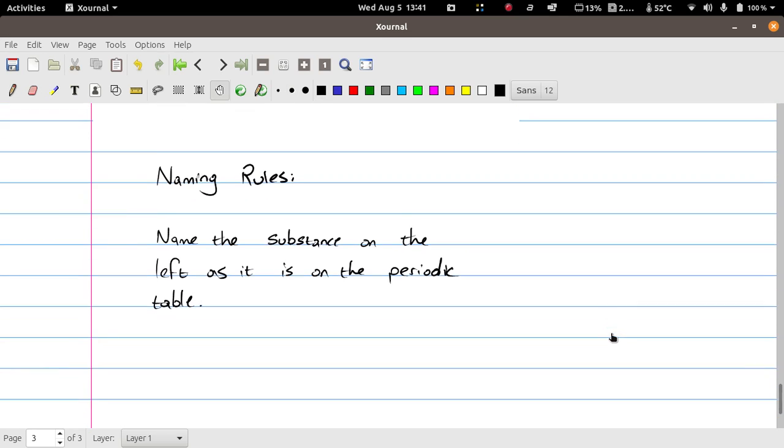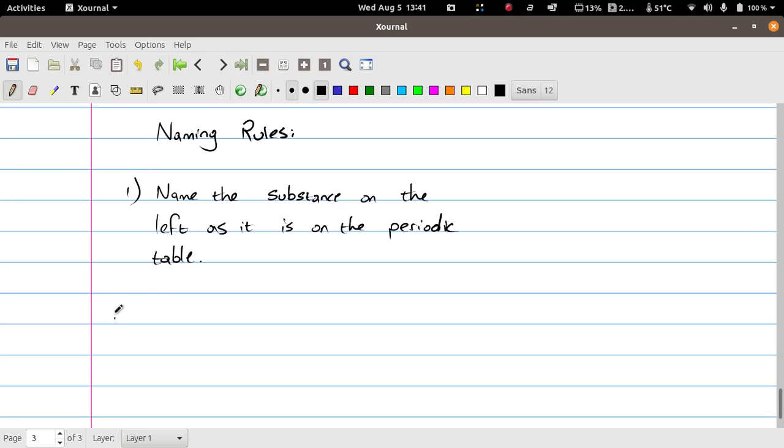Step 2: name the polyatomic ion on the right. You don't even have to add -ide, it's already there. There is one exception to this.